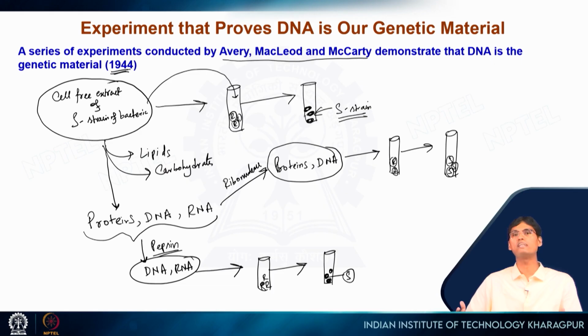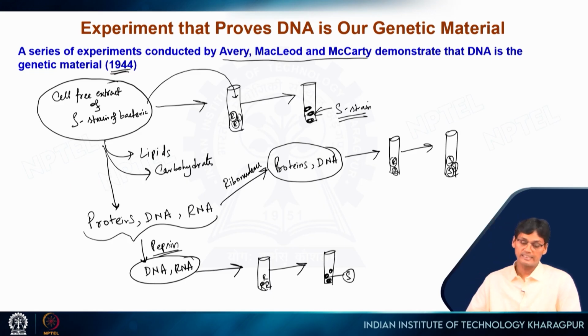DNA has only 4 nucleotides and a repetitive structure. Proteins, on the other hand, have 20 different amino acids, and their side chains are so different that they can do function for us. As a result, it was very difficult for Avery, MacLeod and McCarty to convince the scientific community that DNA is responsible for this transformation.